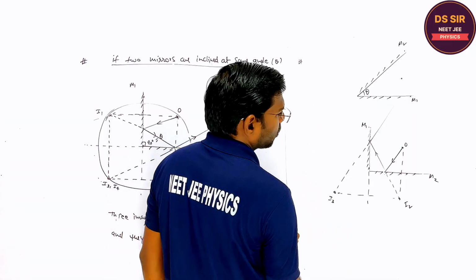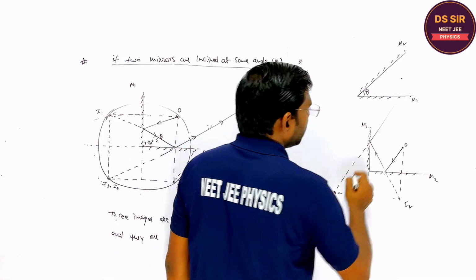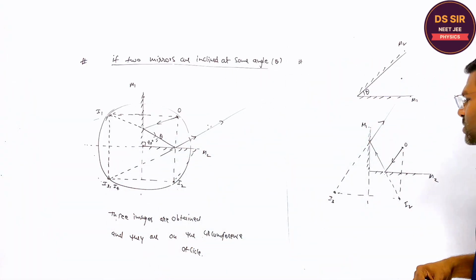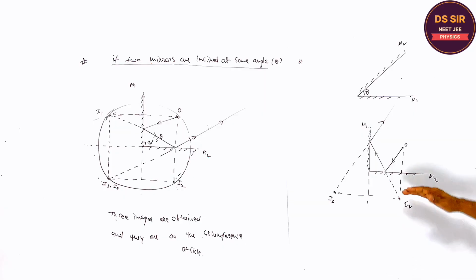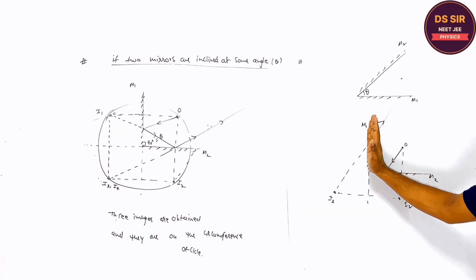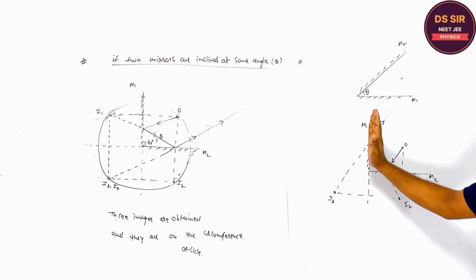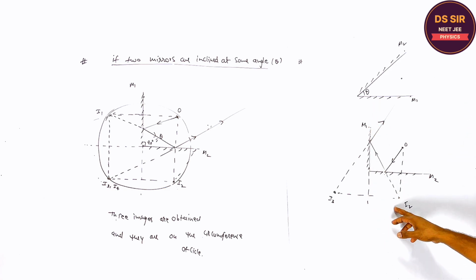This is I3 or I4, whatever you want. So after two reflections, the first reflection gives its image in this way, and for the second reflection with the other mirror, this image acts as an object and its image is formed over here.